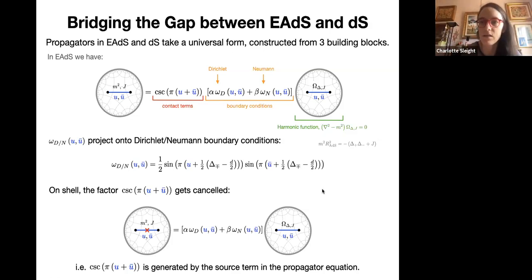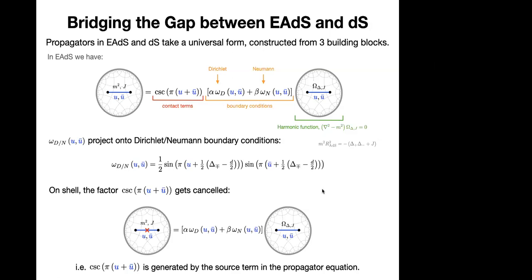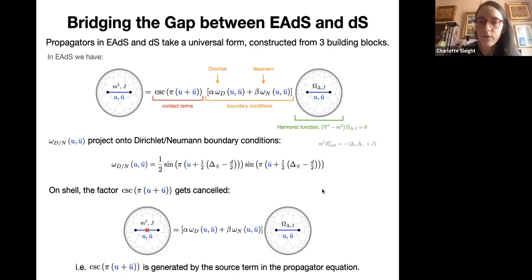In Poincare coordinates, this would be z equals 0. But we are talking about bulk-to-bulk propagators. So if you took the boundary limit of one of the bulk points, then this would give you a particular Dirichlet or Neumann behavior at the boundary.